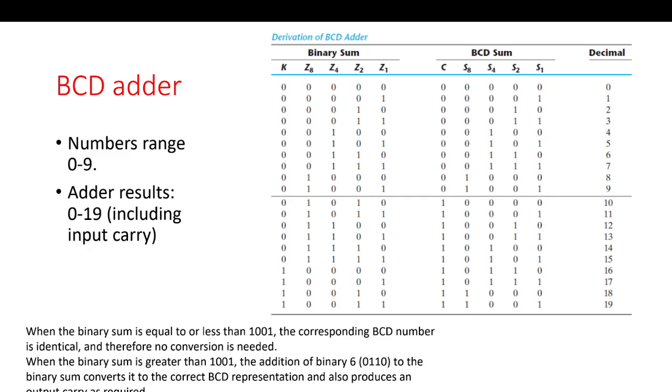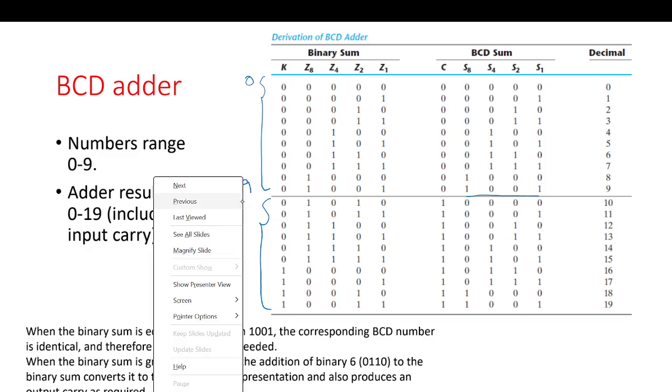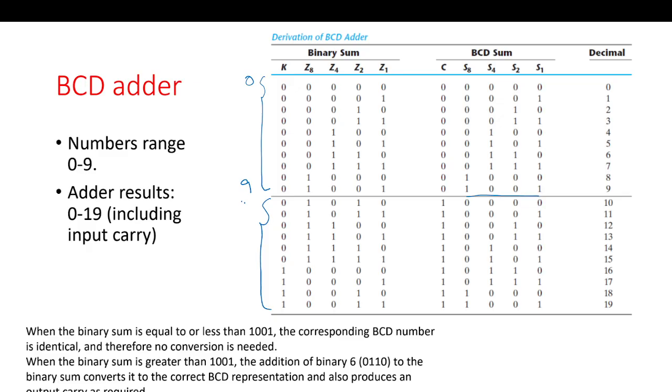So in the BCD addition, up to this point the sum is a valid BCD number. From here the value exceeds BCD; this is valid, but this is not valid. From 0 to 9, it is valid. From here, 10 to 19.